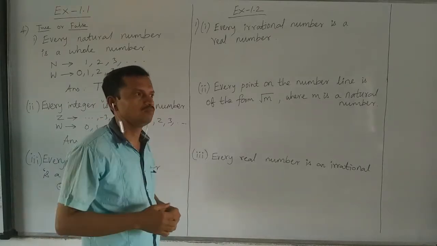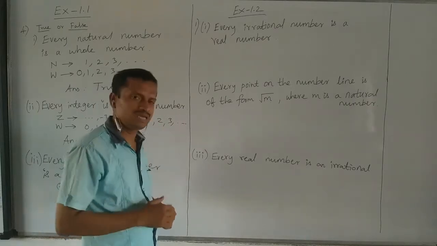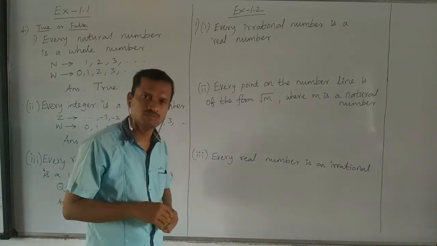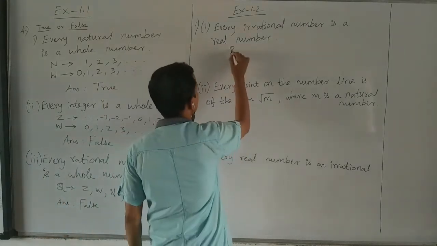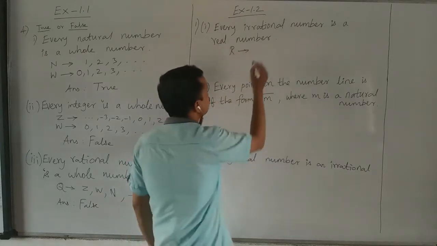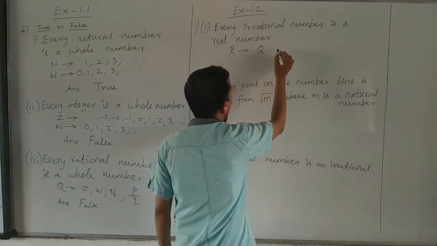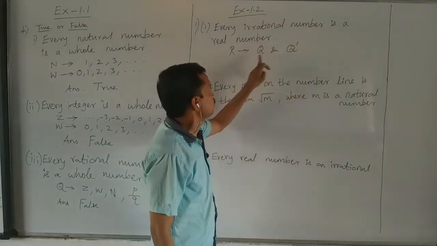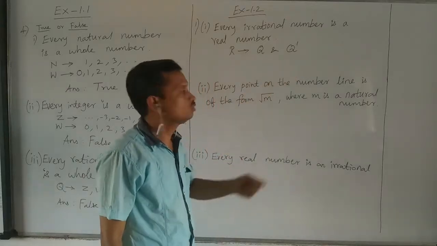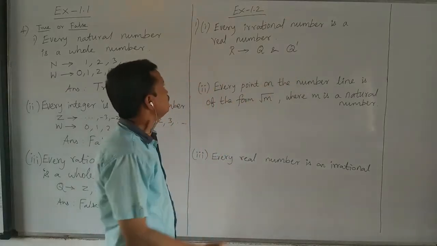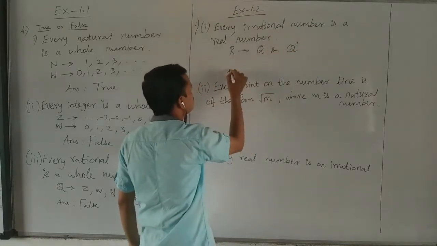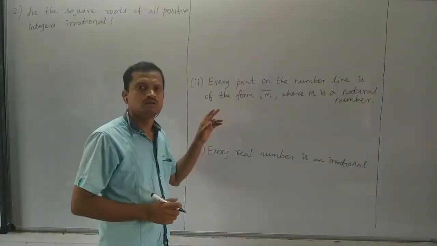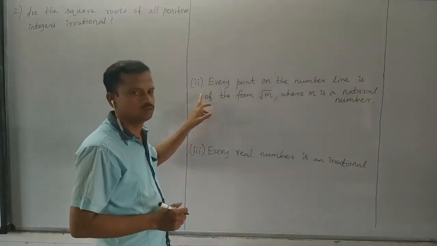While teaching the topic, I explained clearly: real number, capital R, stands for the combination of Q, rational numbers, and Q dash, irrational numbers. These two, rational and irrational, combine to form real numbers. So every irrational is a real number, correct? So the answer is true.